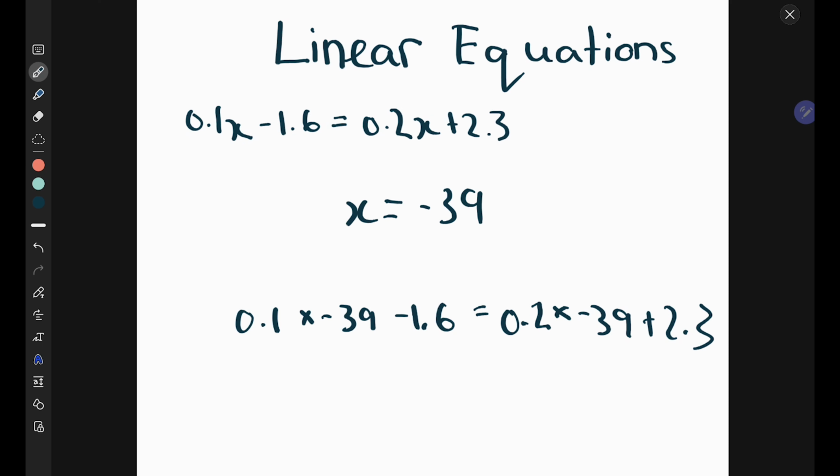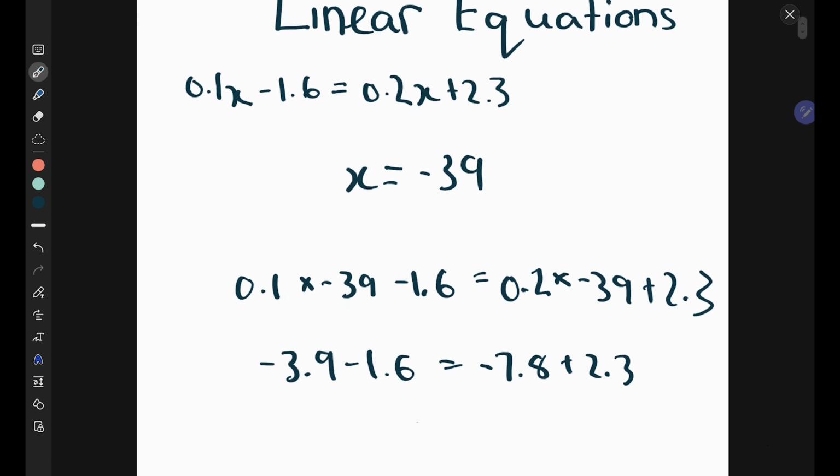So 0.1 times minus 39 is basically the same as dividing by 10. So we have minus 3.9 minus 1.6 equals 0.2 times minus 39 is minus 7.8, and then we have plus 2.3 here.